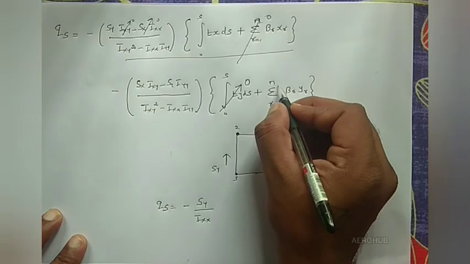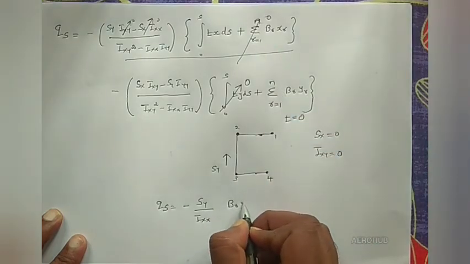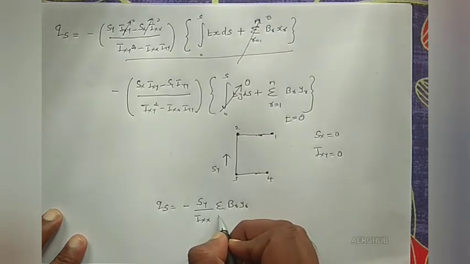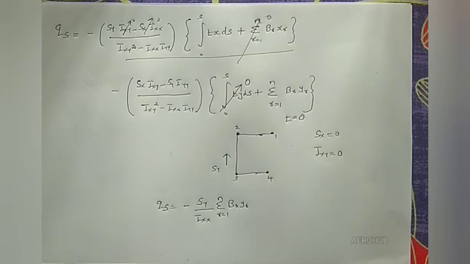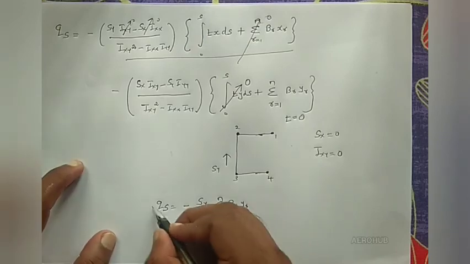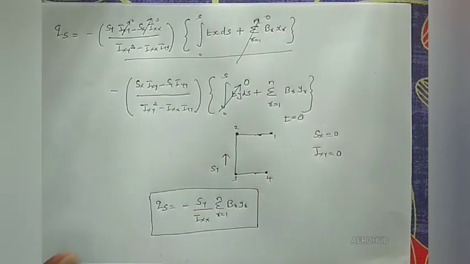So the final equation becomes minus Sy/Ixx into the summation r equals 1 to n of BR YR. This will be the equation when you have a section which is symmetric about one axis, completely idealized, and a shear load along the y direction.